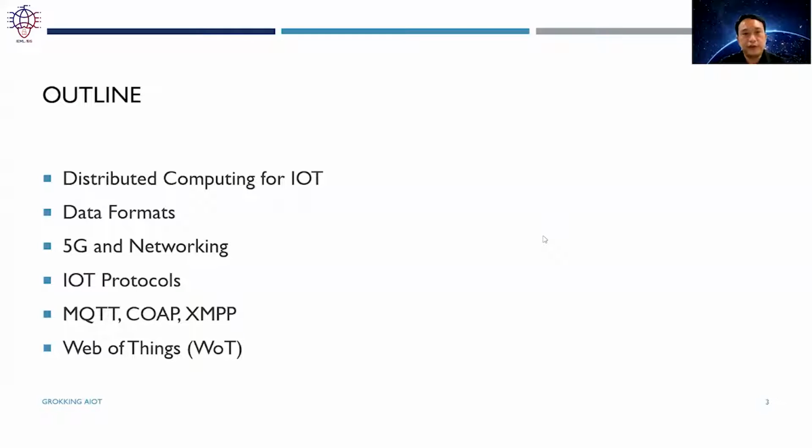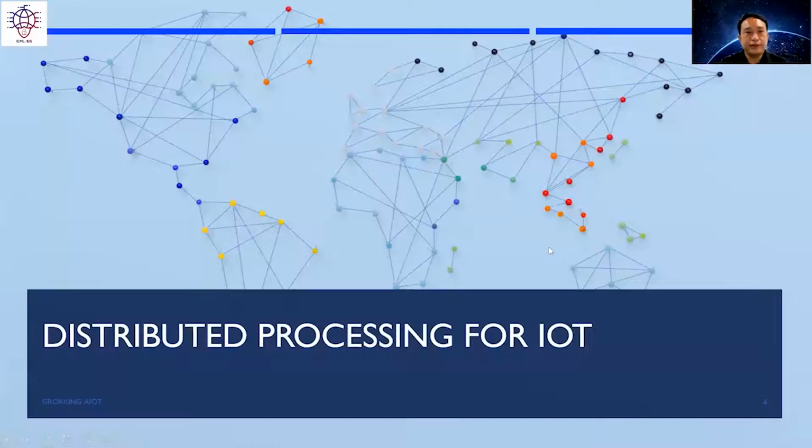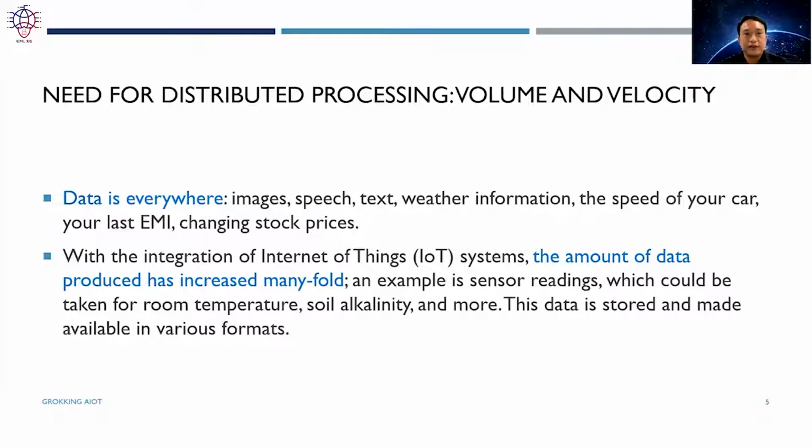So first of all, why is there a need for distributed processing for AIoT and IoT? A distributed processing means that the computational power is not just concentrated in one place, but it's actually distributed over the network. So first of all, data is actually available everywhere.